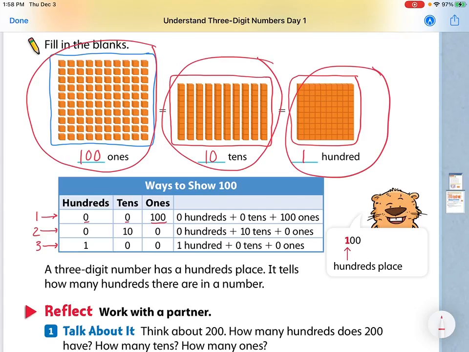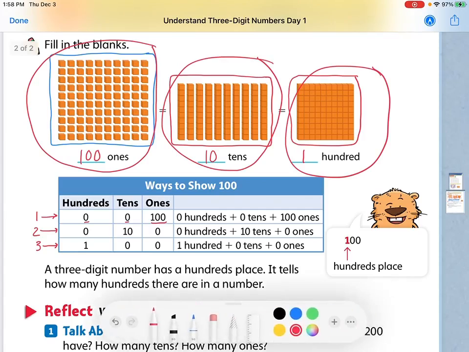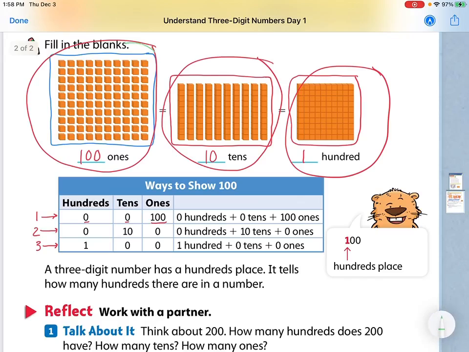It would be this one right here. Let's see, I'm going to get a different color. It is this one, it matches the first row. This one shows us 100 ones. We wouldn't have any tens, we wouldn't have any hundreds, we would just have 100 ones.